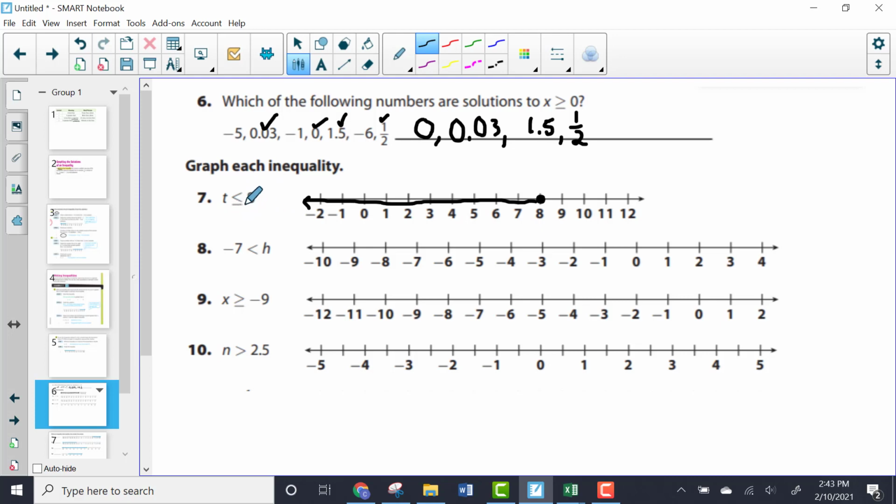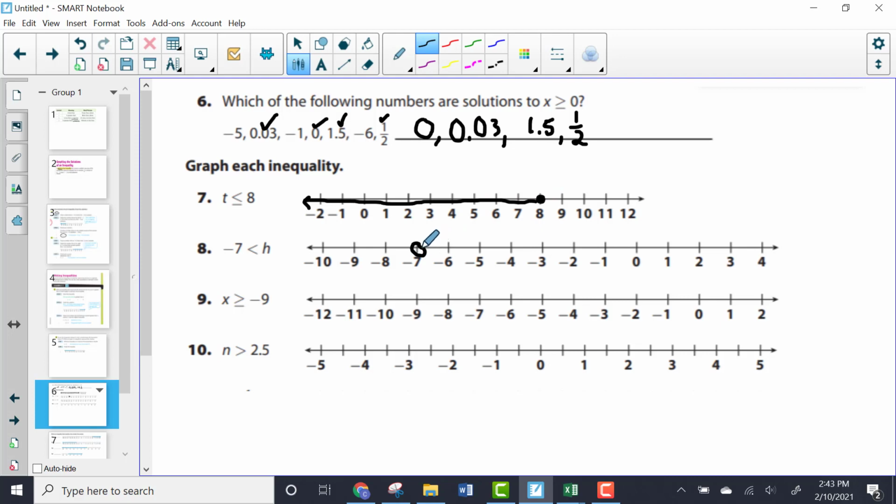Again, the line underneath the greater than or less than sign means you need to shade in that circle. If it does not have a line underneath it, we don't shade it in. Let's take a look at this. We have -7. Since there's no line there, we keep that circle open. The reason is that it shows -7 is not a solution. When you close the circle, that shows it's a solution. So -7 is less than h.